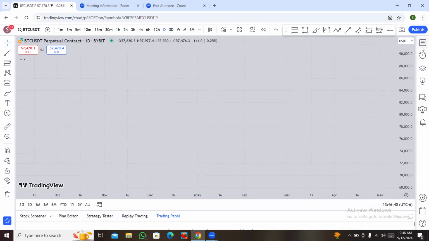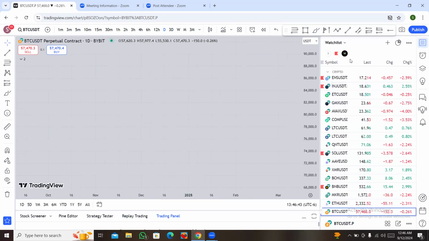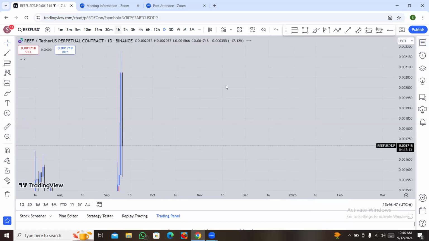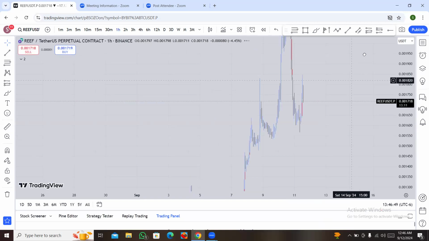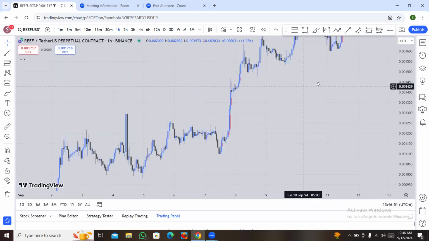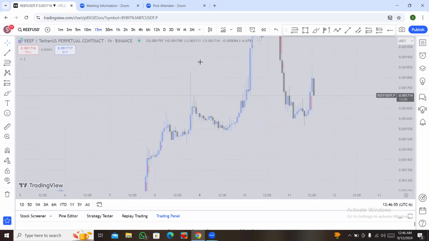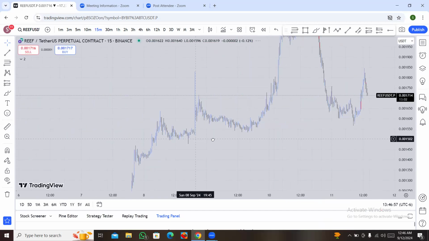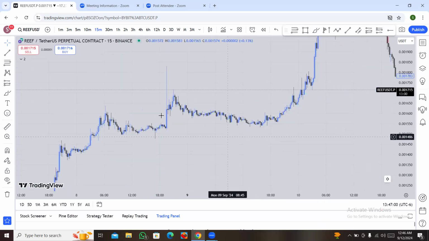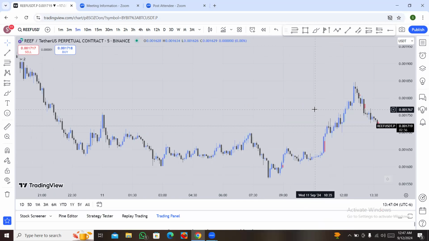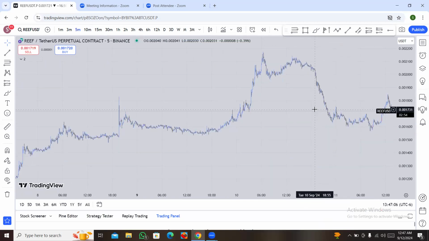Now on reef, I will try to find those ranges, because this thing goes very straight up. I have to find, as I said earlier, I didn't make any. I will find it somewhere. I will find it because these ranges occur most of the time.